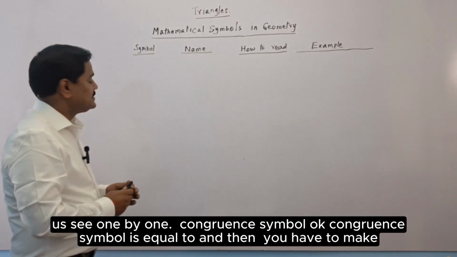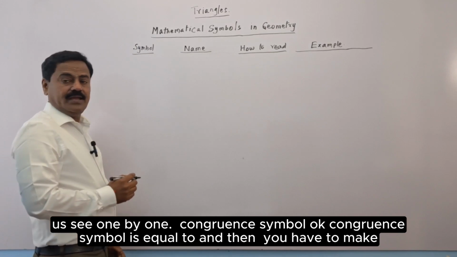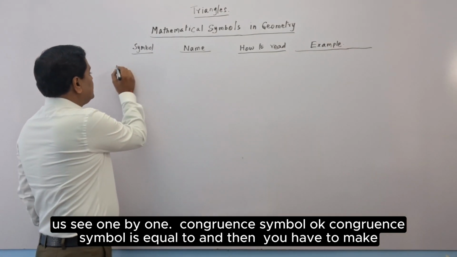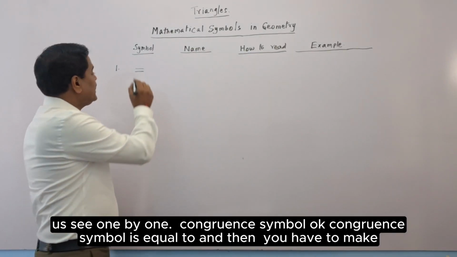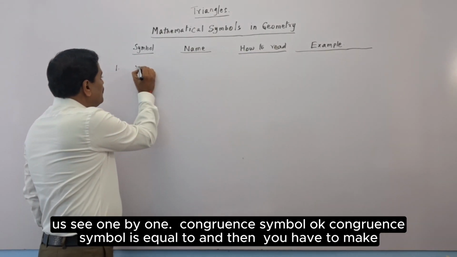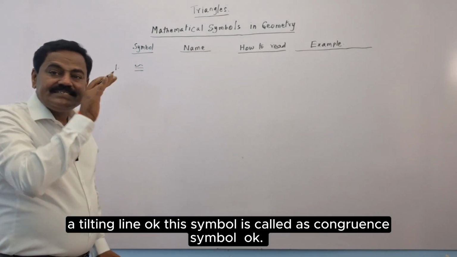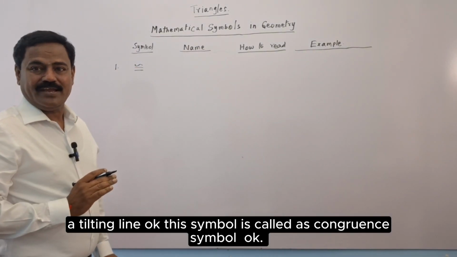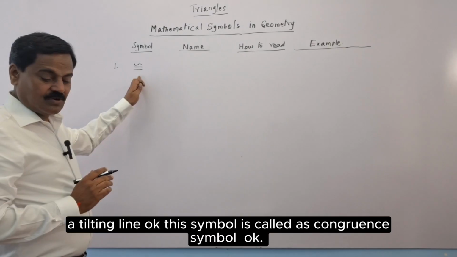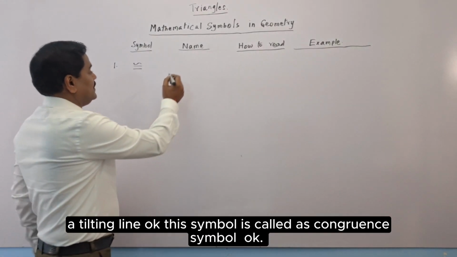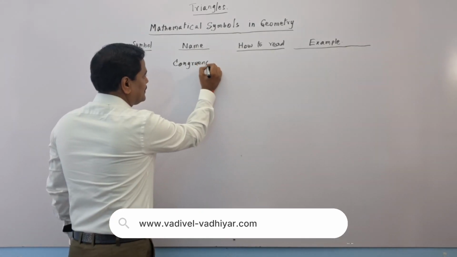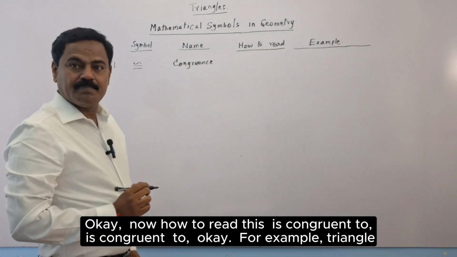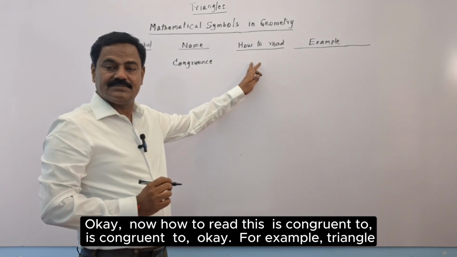First one is the congruent symbol. You see, equal to, and then you have to make a tilting line. This symbol is called the congruent symbol. Now how to read this?